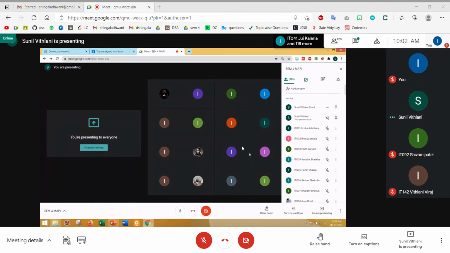In our microprocessor, we have learned that instructions can be data transfer instructions, arithmetic instructions, logical instructions, or program control instructions. So we have different types of instructions. The same thing in the controller also: we have an instruction set which contains different types of instructions.